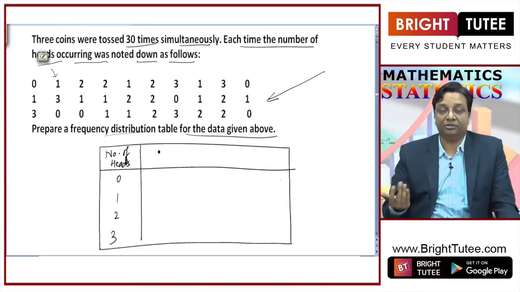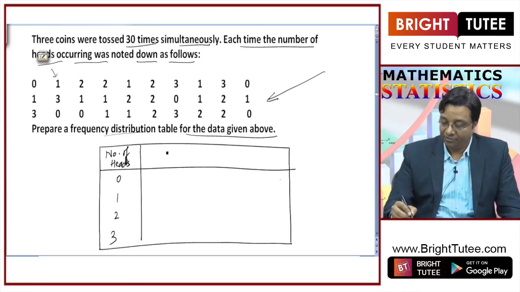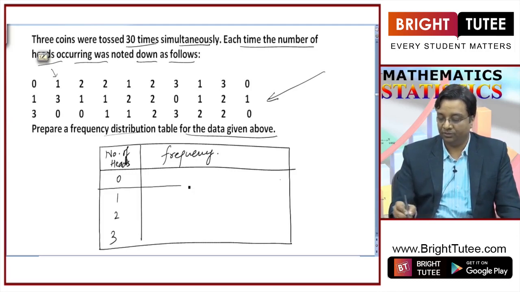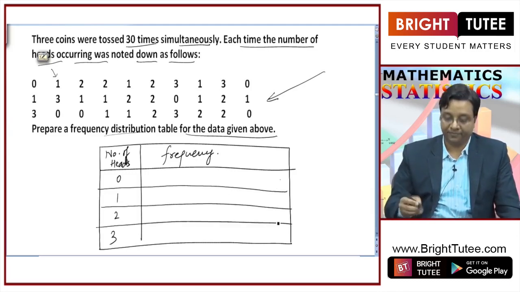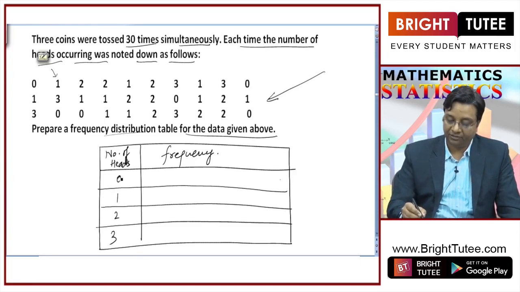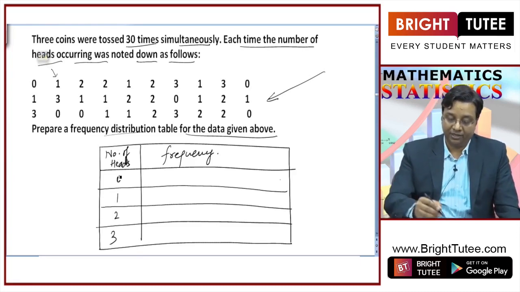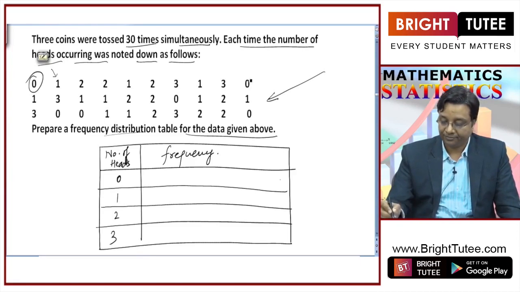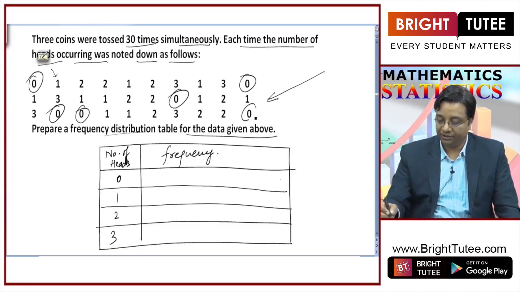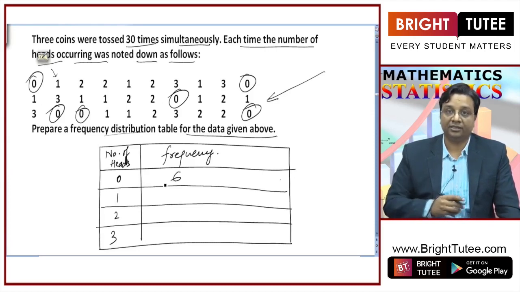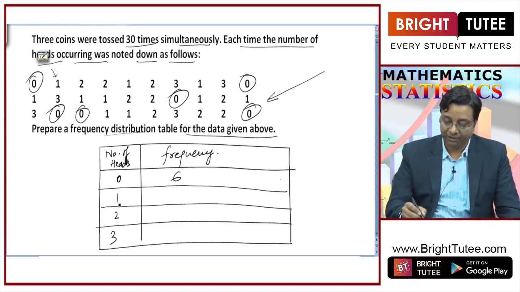And how many times, or the frequency, of this result, 0 or 1, 2 or 3. So how many times did we get 0 heads? 1, 2, 3, 4, 5, 6. This is how we will prepare this frequency table.